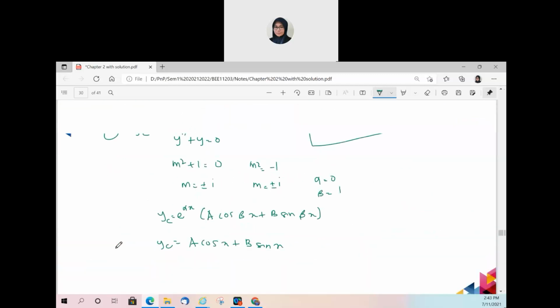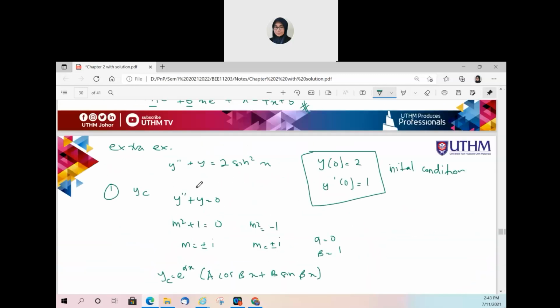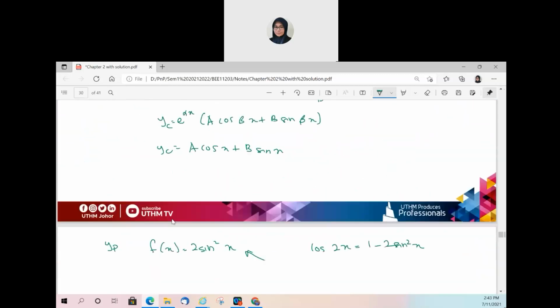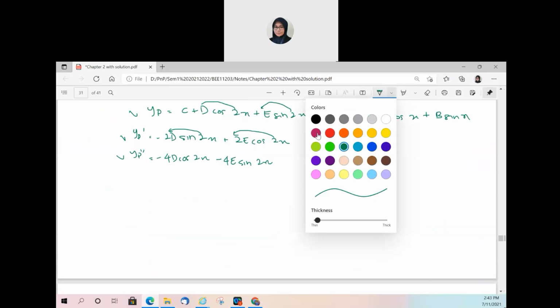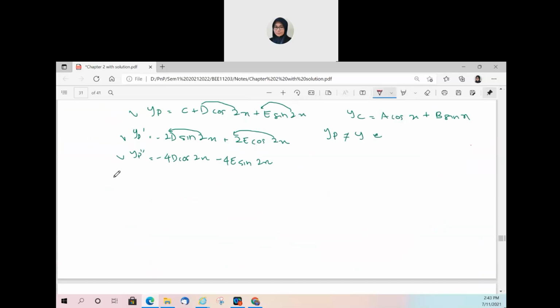So kita masukkan dalam inside these equations. So these equations you have Y double prime plus with Y equals to 2 sine square x. So YP double prime plus YP equals to 2 sine square x.